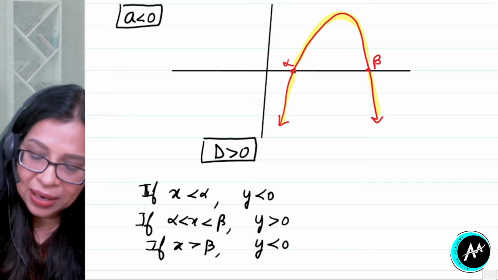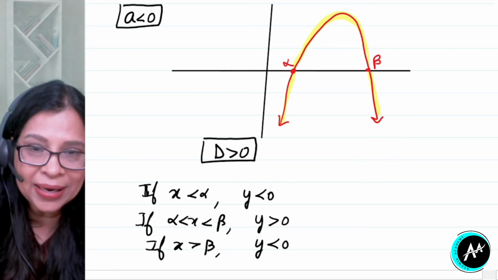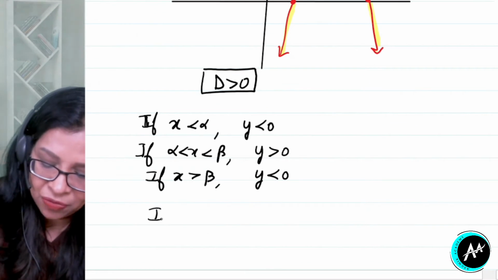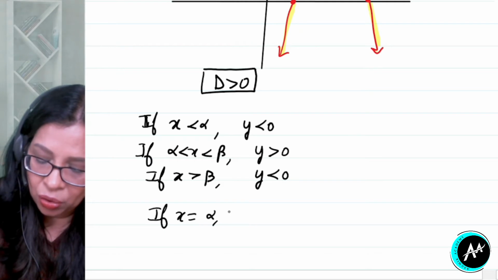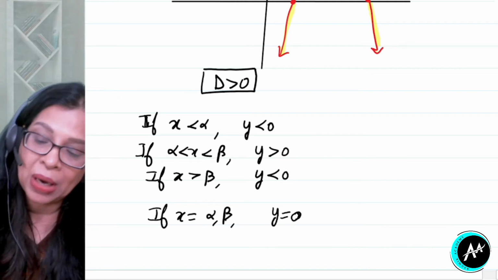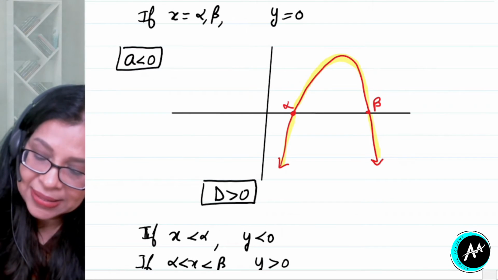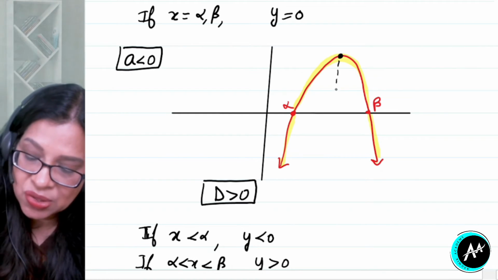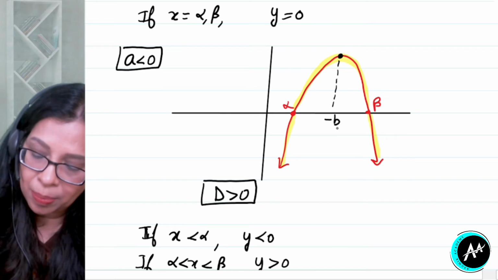And you can see very clearly, if x is alpha or beta, then y is 0. So these are the roots. So we can say if x is equal to alpha or beta, in that case y will be equal to 0. Also observe, in this case this is the point of maxima, the vertex. So this is going to be minus b upon 2a.